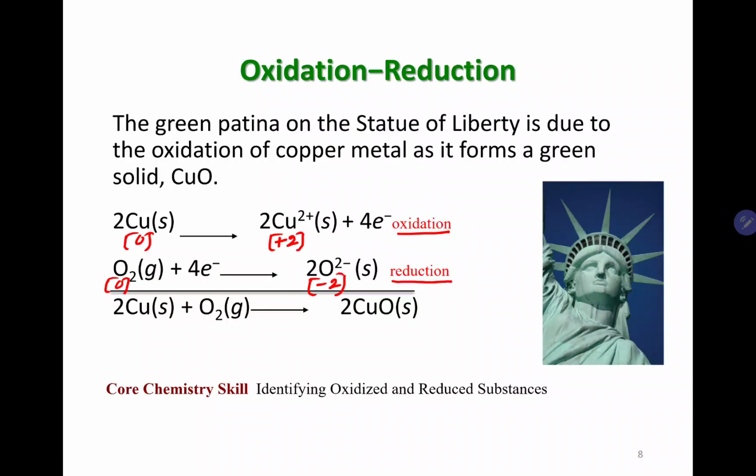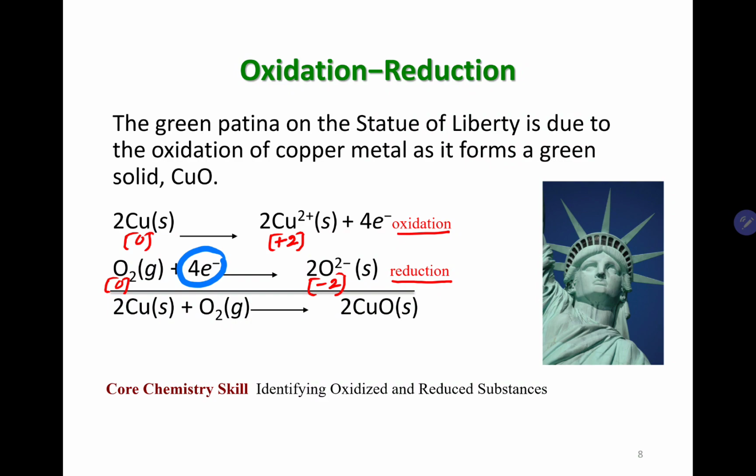So here oxygen is reduced and copper is being oxidized. During reduction we expect a gain of electrons, right? As you can see, molecular oxygen is gaining 4 electrons in order to become 2 oxide anions. So that is your reduction.